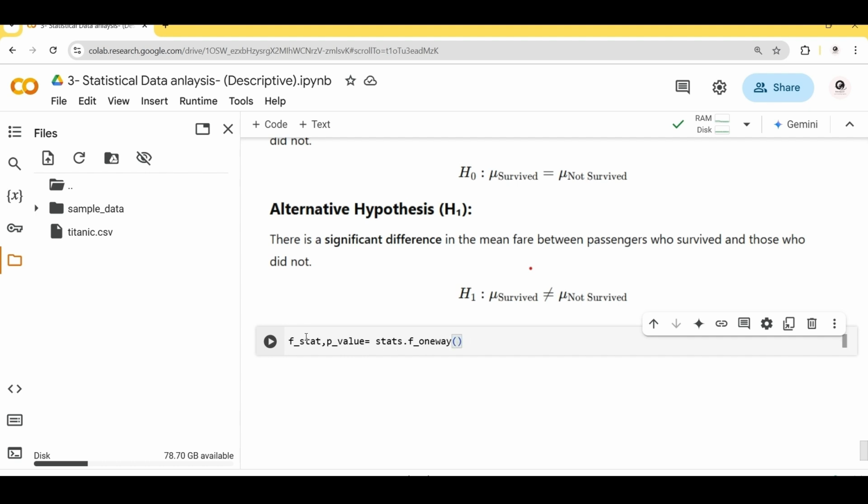Then I am going to write the passengers who survived, so df survived equal to 1, fare. Similarly, the fare of the passengers who did not survive.